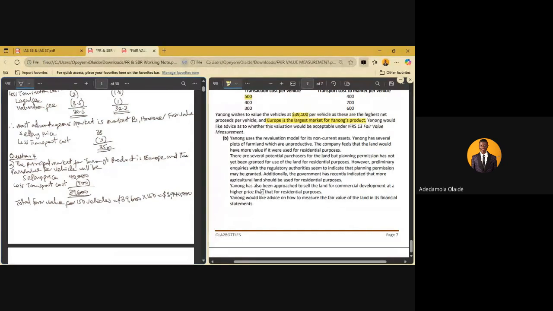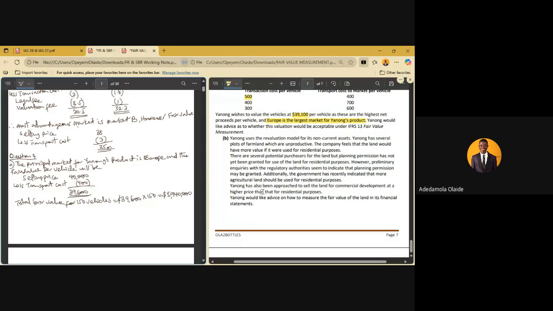Okay, if we look at it, this is a non-financial asset. And how do we measure the fair value? We said it's the highest and best use, where there is physical possibility, legal permissibility, and financial feasibility.